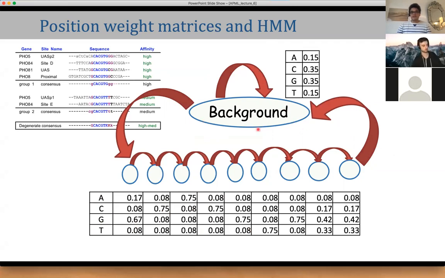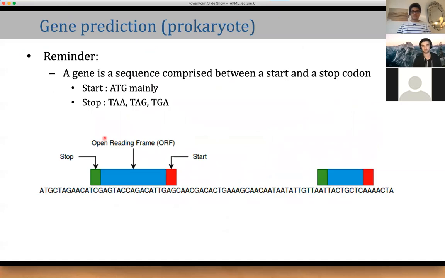So one state which will say, okay, it's everything which is not the transcription factor binding site that I want to get. We call that background, and that's just the nucleotide frequency of the portion of genome we are looking at. So in a very simple way, you kind of rewrite something which is more general than those matrices.